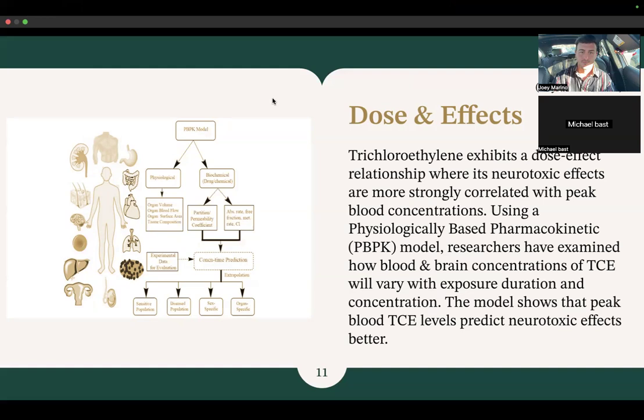By using the physiologically based pharmacokinetic model, abbreviated PBPK model, researchers have shown that blood and brain concentrations of TCE differ based on the exposure duration and the concentration. As we can see, this model shows that the peak of the blood trichloroethylene levels predicts the neurotoxic effects better.